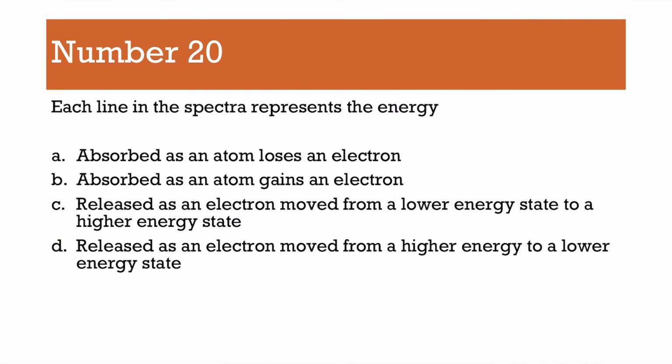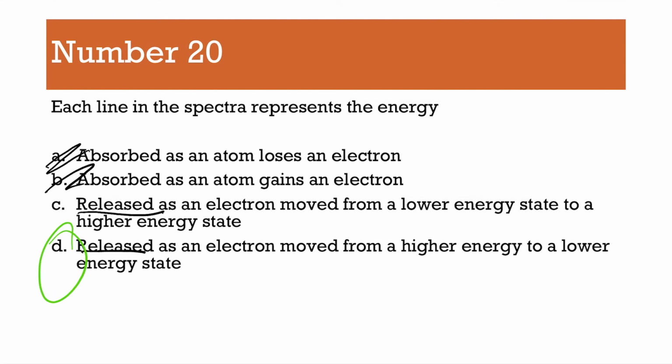Okay. Number 20 says each line in the spectra represents energy. Again, this energy has to be released, so it can't be A or B. Again, this energy is released when an excited electron moves from a high energy state to a low energy state, making it choice D. So the only way energy can be released is if you have too much and you have to go back to normal.